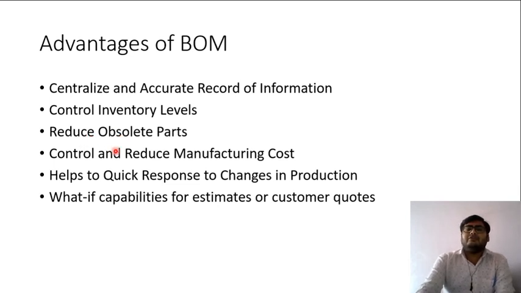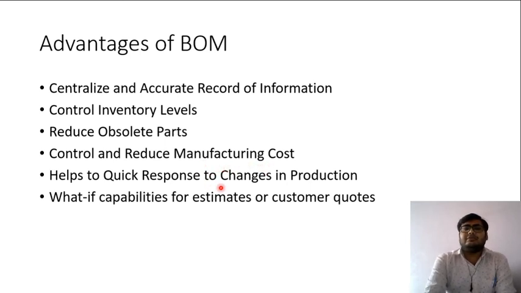Then it will also help us in controlling and reducing manufacturing cost. How will it do so? Because with the bill of material we have cost data of each and every part, and we can easily look at the cost data and identify which is the costliest part, and we can find an alternative for that. So it will help us reduce manufacturing cost.